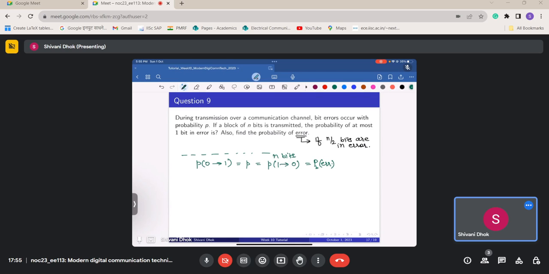This transition is given to us, like the probability that a bit will flip is given to us. Now we need to find the probability that at most one bit is in error. So let us do this in general. Let's say k bits are in error.